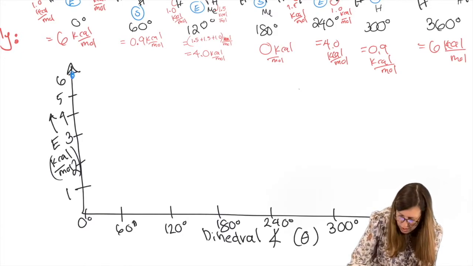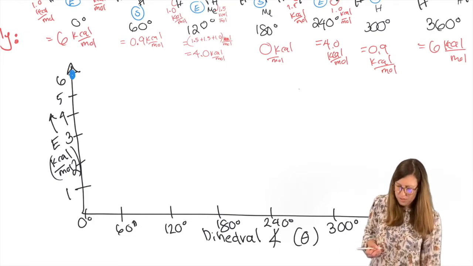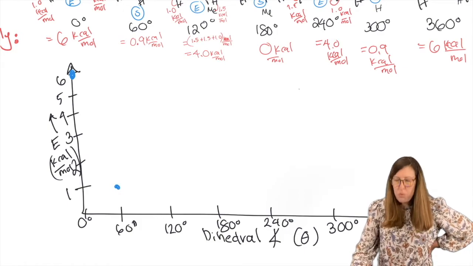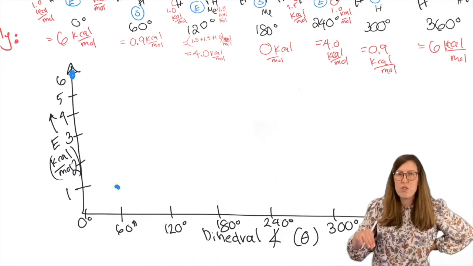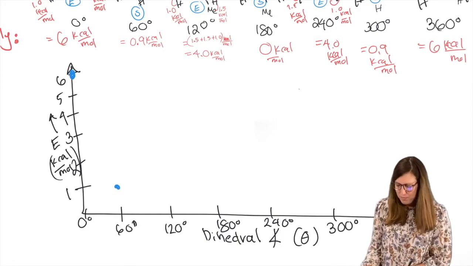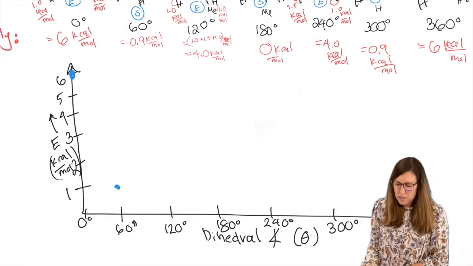At 0, we have our value of 6. I didn't go higher than 6 because that's the highest we had. At 60, we have a value of 0.9. I'm going to cheat and just put it close to 1 because we're really looking at overall trends, not pulling out the graph paper and using a ruler to line it up. We don't have another value that's 1 or close to 1, so we can get away with that.